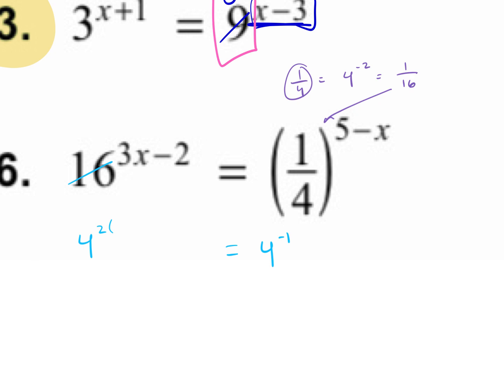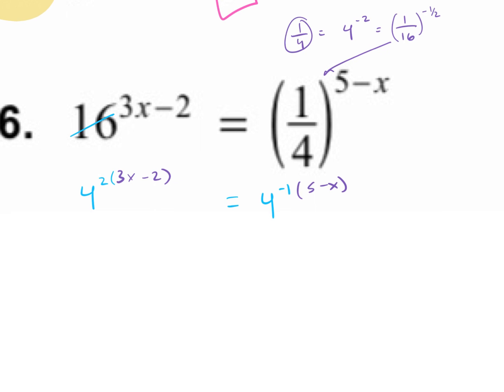You could have changed it to be 1 over 16 to the power of negative 1/2, and then that would have changed it to be 1 over 4, but then you would have also had to change this one too. So I think the easiest way to do it would just be change 16 to be 4 squared, and then change 1 over 4 to be 4 to the power of negative 1. And then the exponents stay there, so 3x minus 2 and 5 minus x.